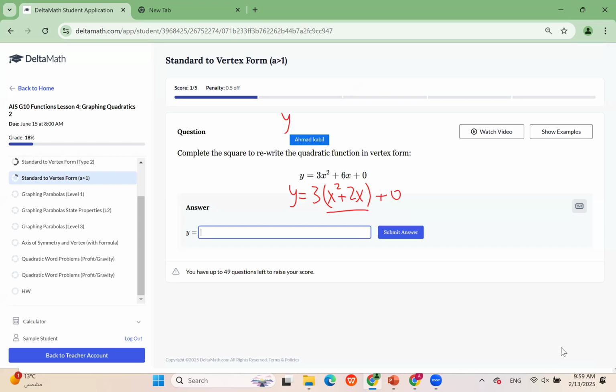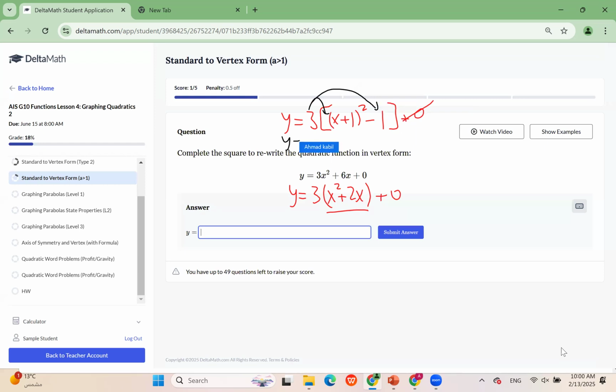We're going to write y equals 3 square brackets plus 0. I just keep writing plus 0 so that you know the method. Of course, plus 0 is insignificant anyway. And we complete the square for the bracket. So x squared plus 2x becomes x plus 1 all squared minus 1. Now we're going to multiply the 3 here and there.